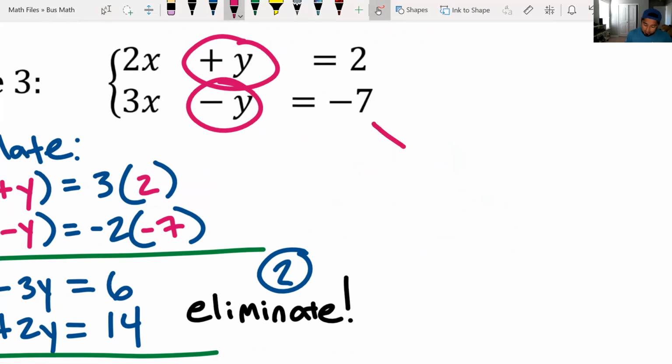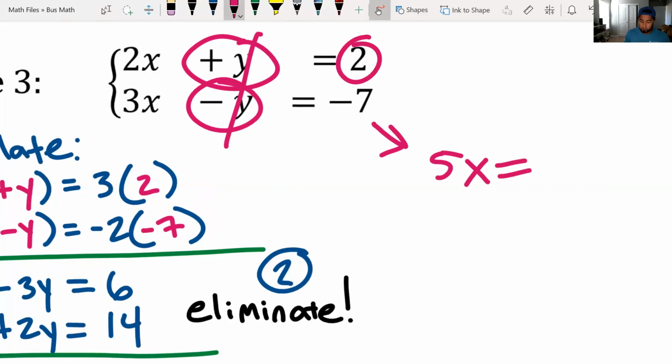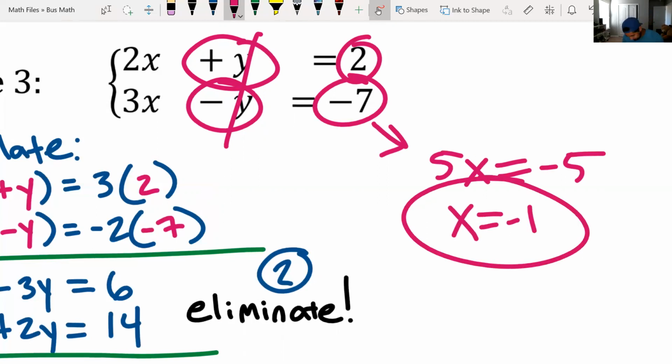So if we added these two equations in the beginning, you would have got 5x, because your y's would have canceled, equal to 2 plus negative 7, negative 5, divide by 5, x equals negative 1.